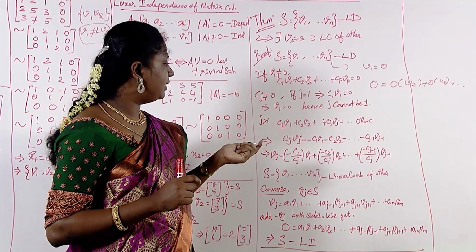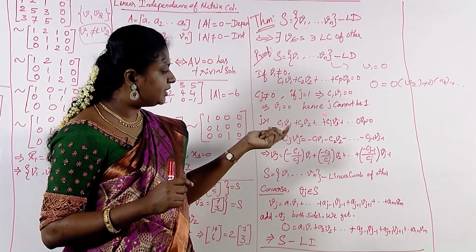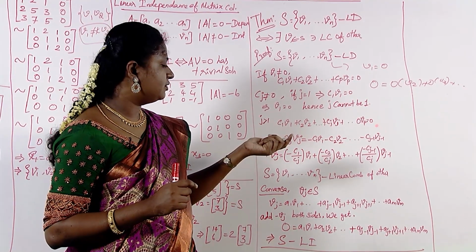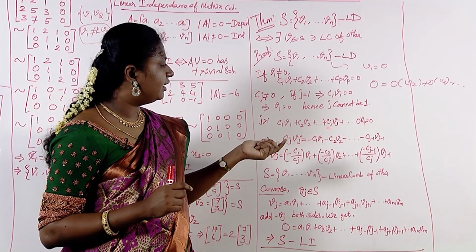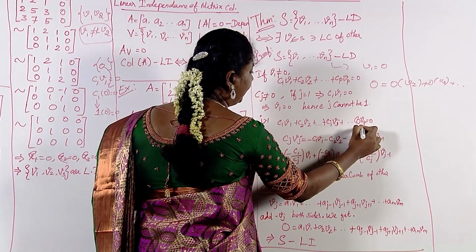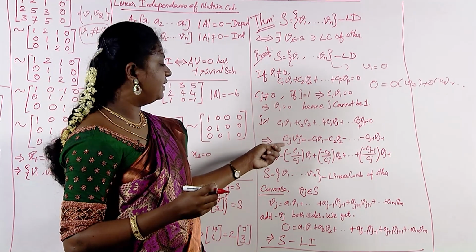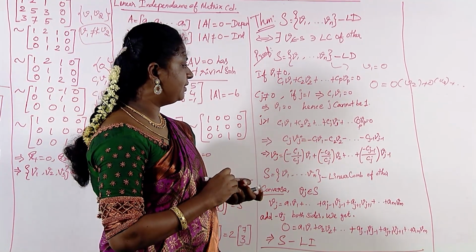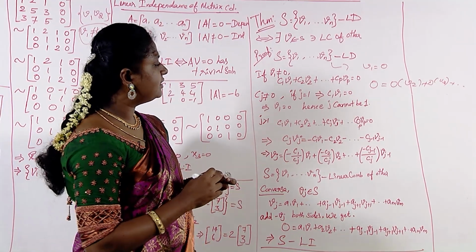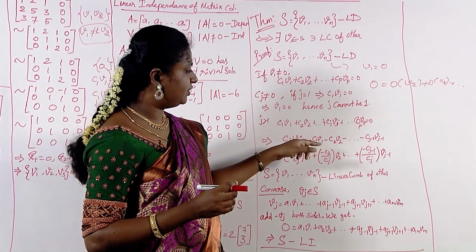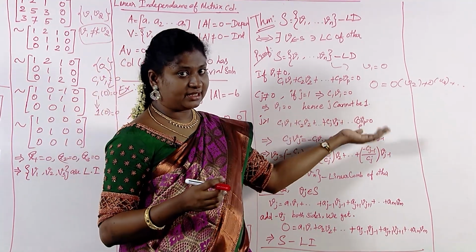So, I am taking C1 V1 plus C2 V2, in between I should have Cj Vj, and that should be equal to 0. From here I can find Cj Vj to be equal to minus C1 V1 minus C2 V2 etc. minus C(j-1) V(j-1). Otherwise, you can choose j in such a way that Cj is non-zero and the rest of the entries may be 0.